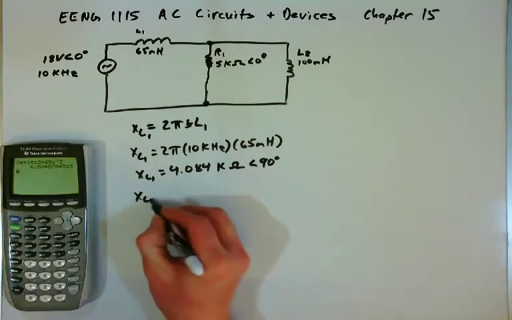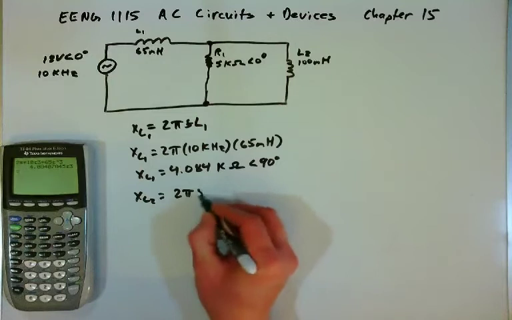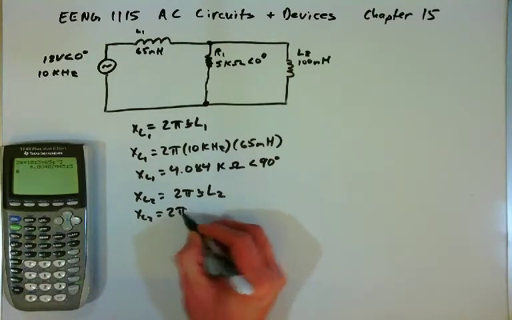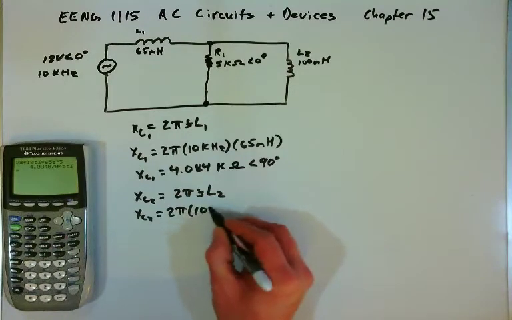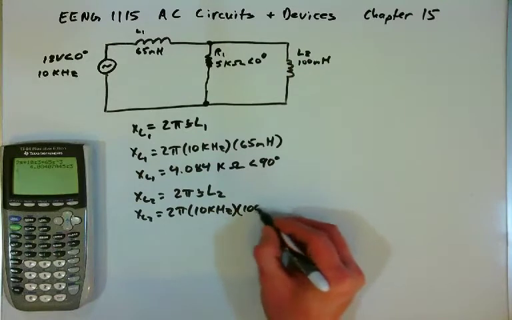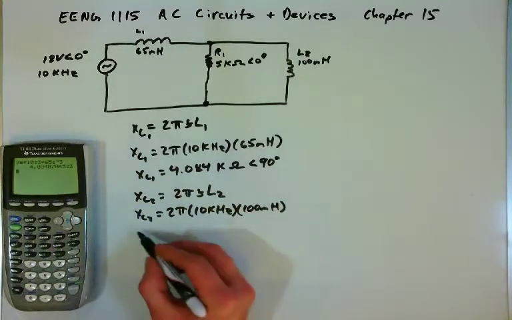And so now we can find X sub L sub 2. Again, will be 2 pi FL2. So X sub L sub 2 will be 2 pi times the frequency of 10 kilohertz times L2, which is 100 millihenries.